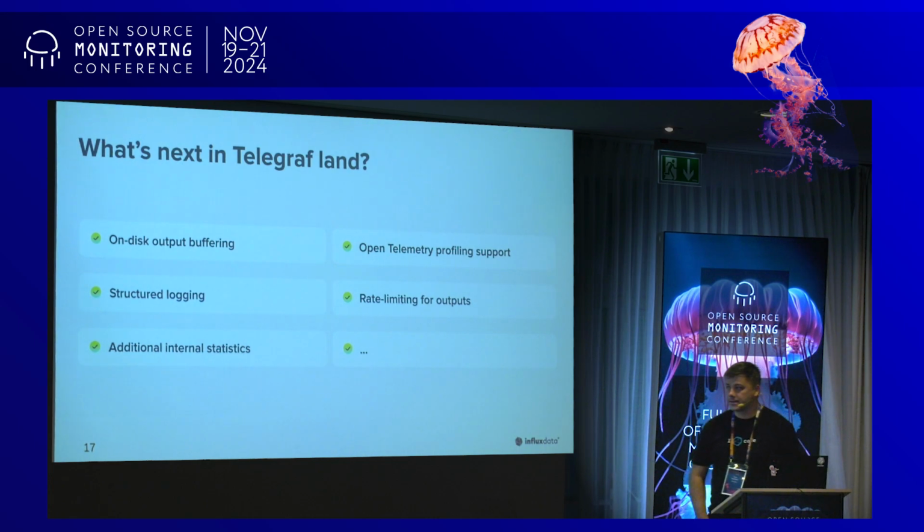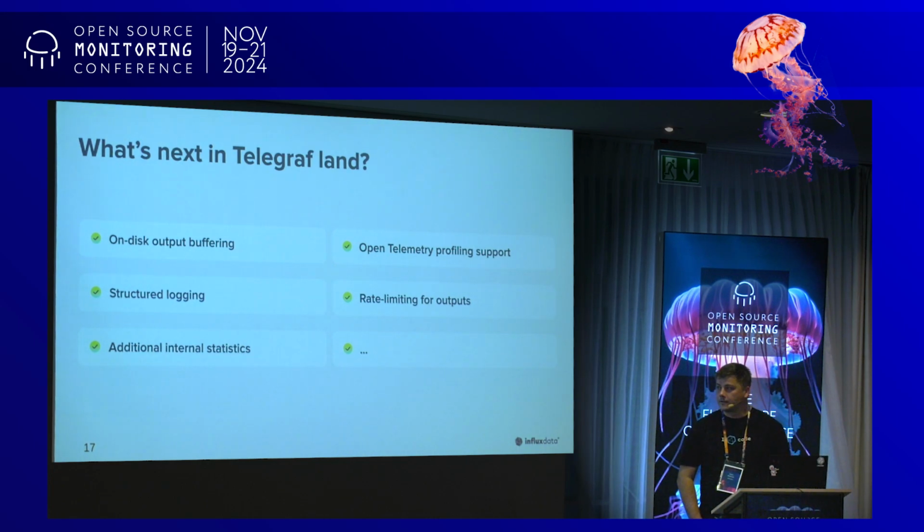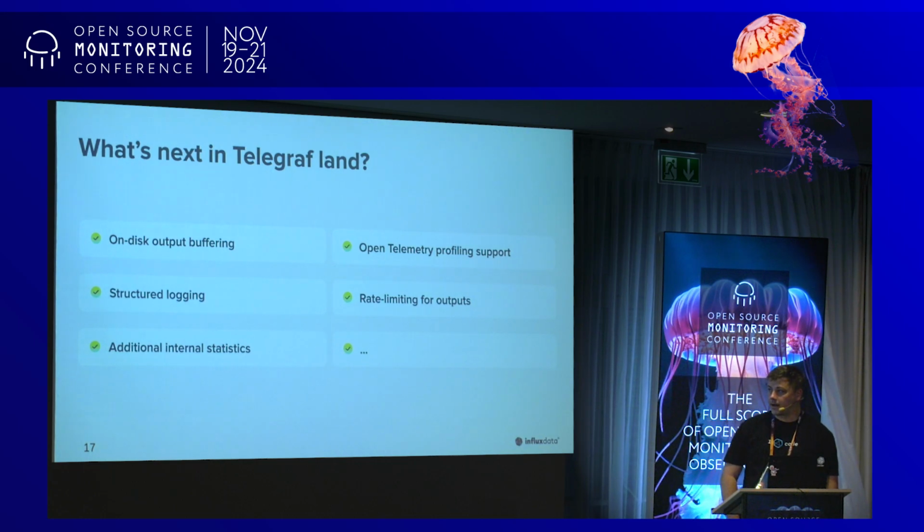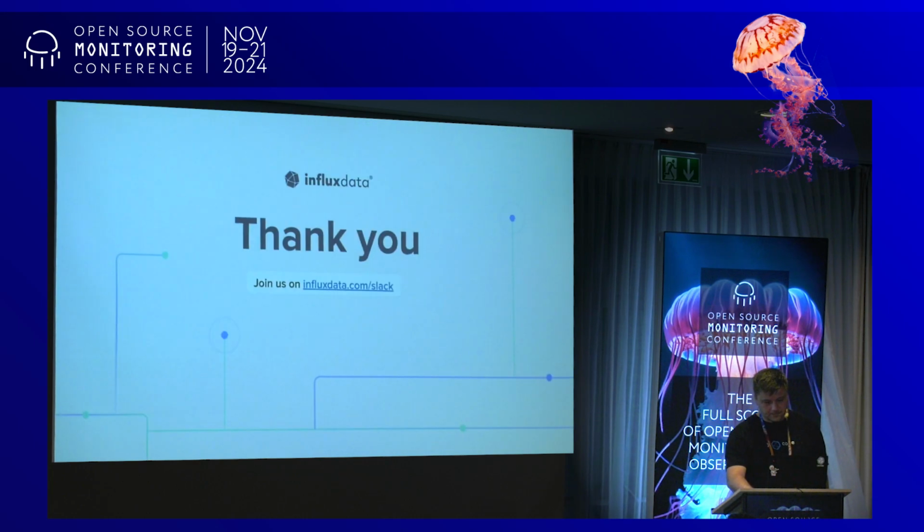And we plan to add some additional internal statistics for plugins, like how many metrics were gathered, how much data was received in bytes, stuff like this that might help you to find out why a certain plugin has some issues or is blocked. And some other stuff that is not yet decided if it will be in the next version.